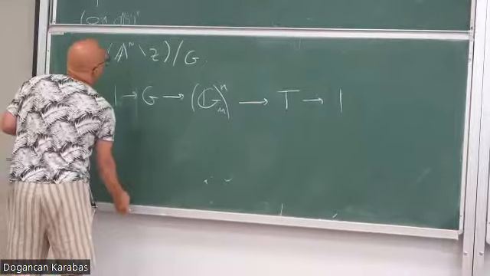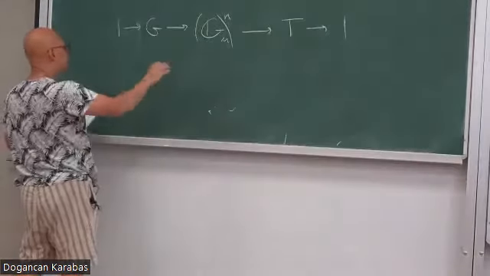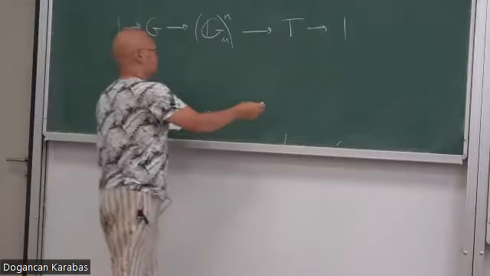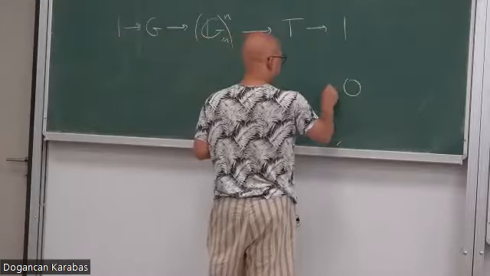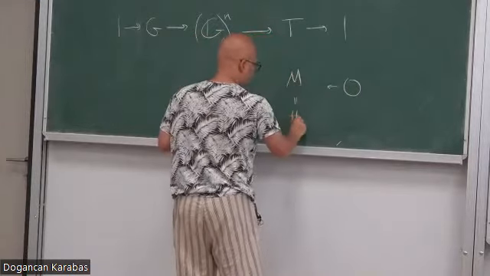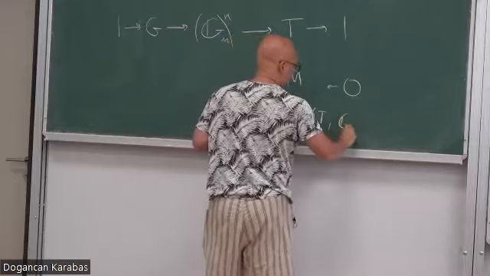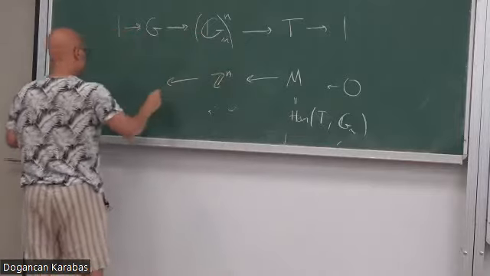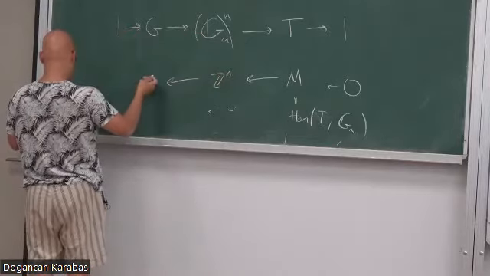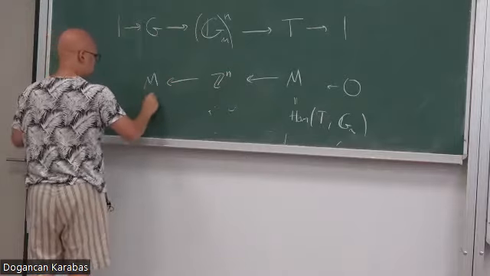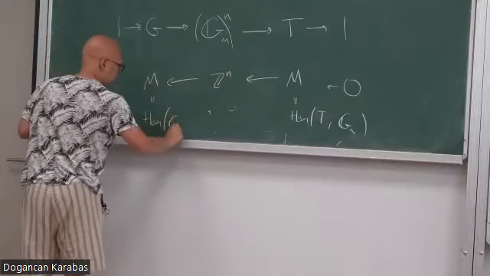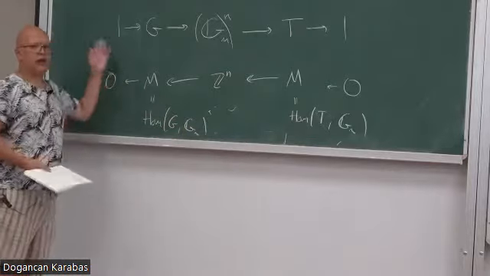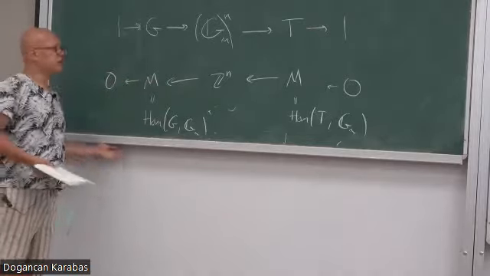And in this setup, I'm going to want to make the corresponding lattices of characters. So this M is T, GM. Okay, so I have these groups. I make the lattice of characters.